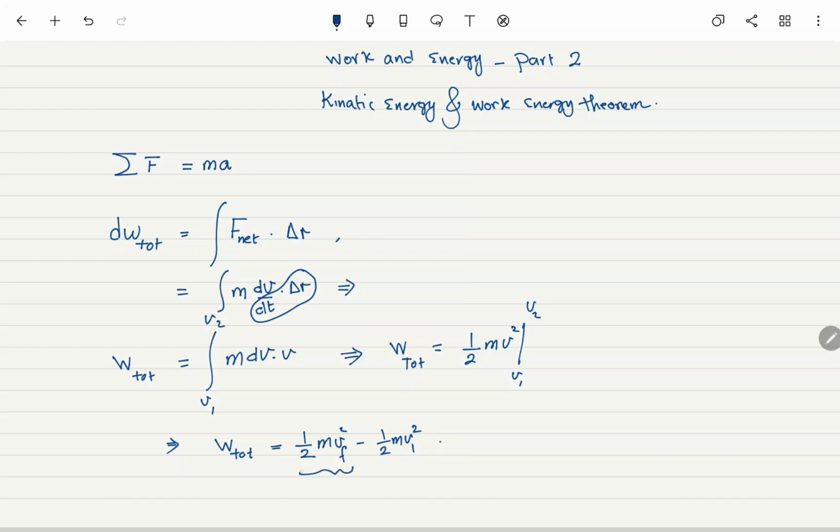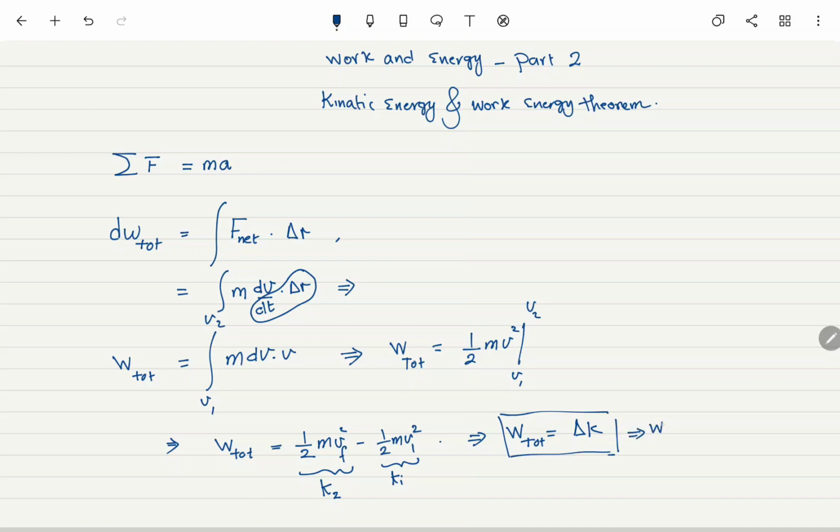Now half m v final squared is the final kinetic energy, and half m v initial squared is the initial kinetic energy. In this case, work total equals delta K, and this is called the work energy theorem.